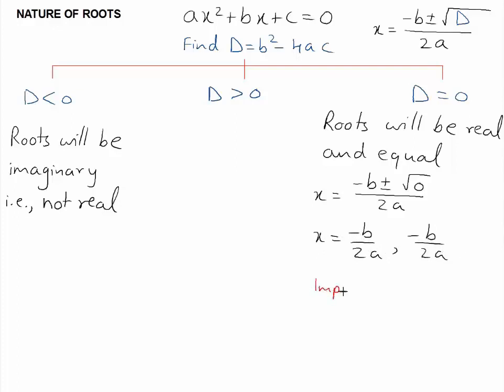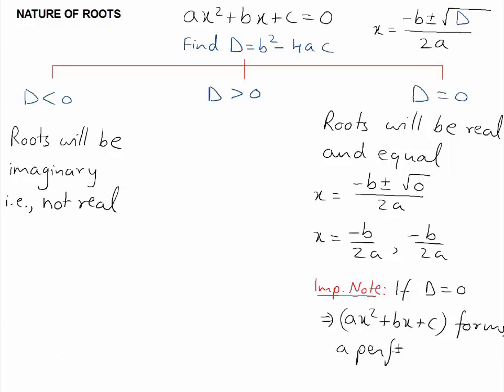One more important note is, if D becomes equal to 0, then the expression ax square plus bx plus c forms a perfect square. We will see this by an example.